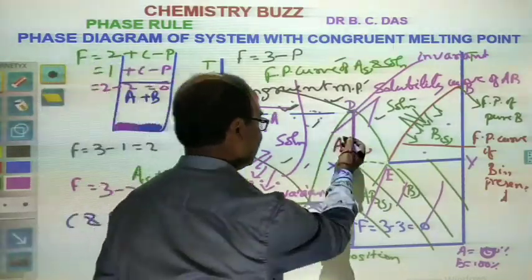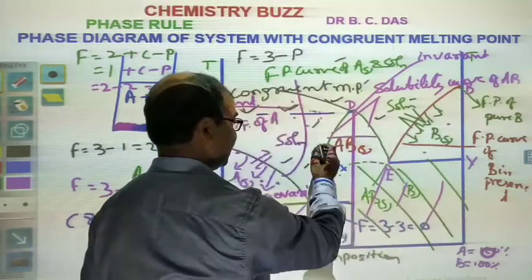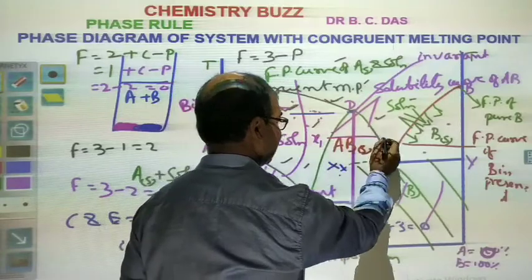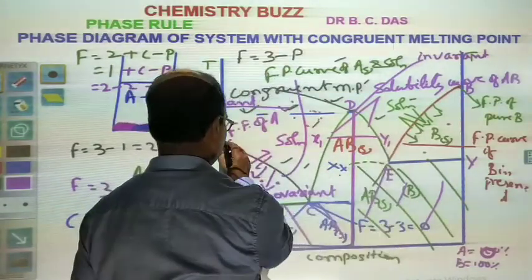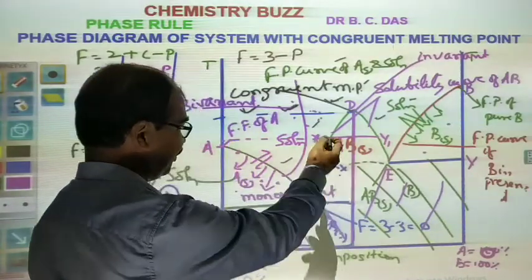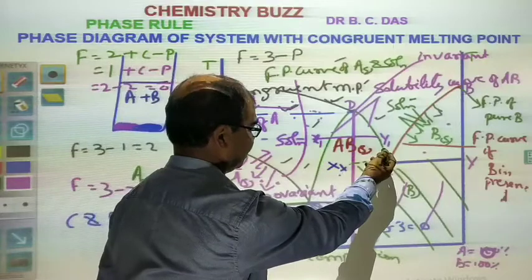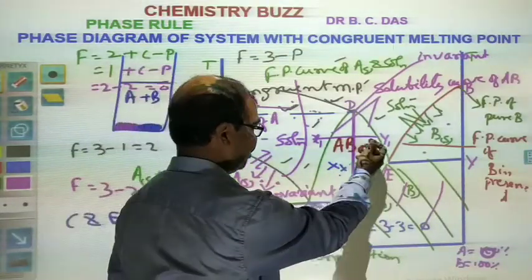One more point. This line, we can say this is x1, y1. Corresponding to a particular temperature, we have 2 different solubilities of AB.